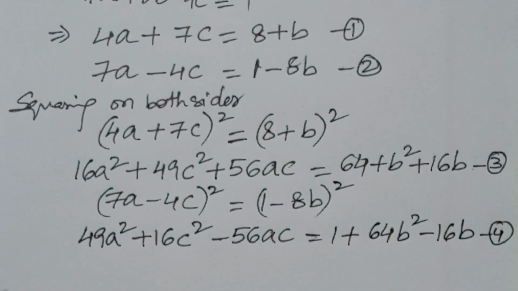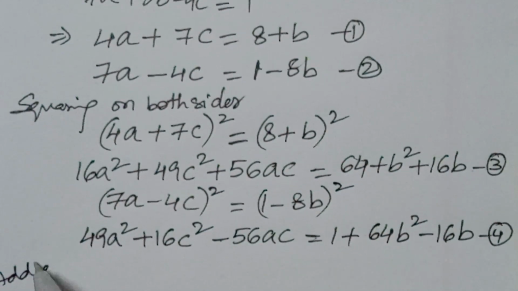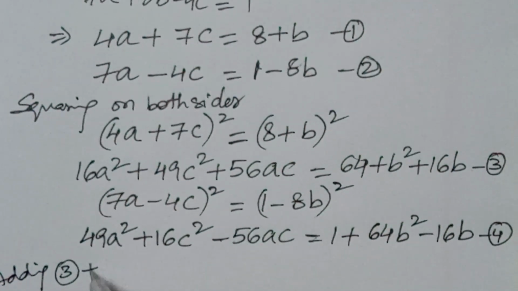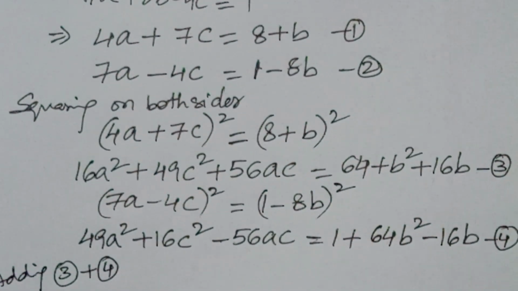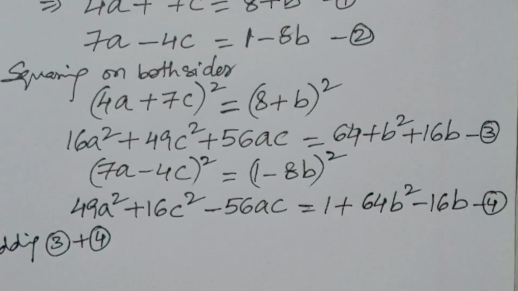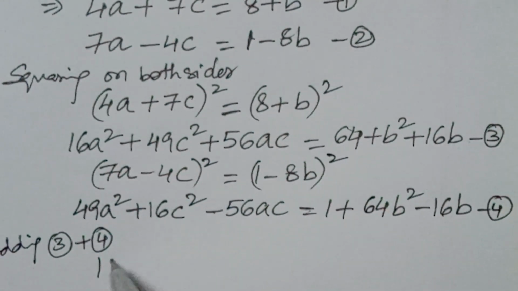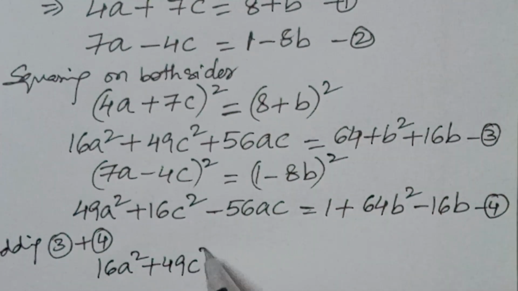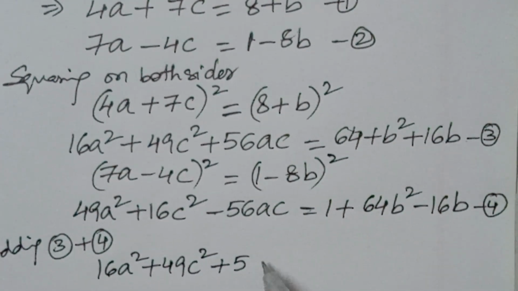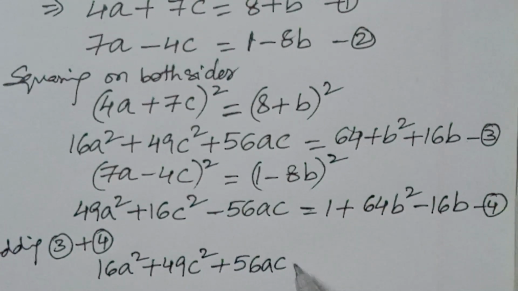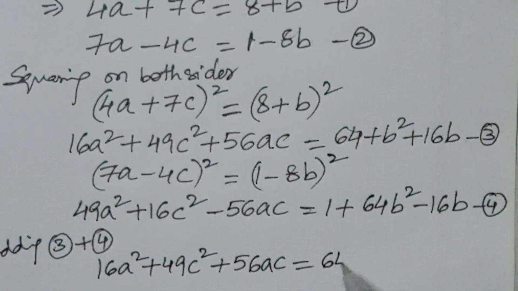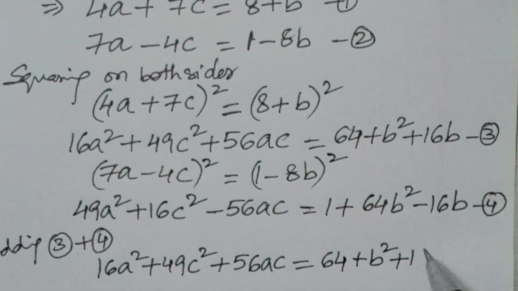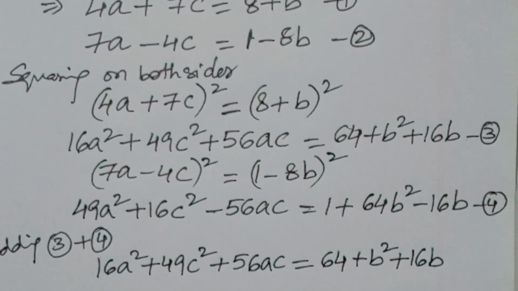Now adding 3 and 4. So what will we get if you add 3 and 4? First one: 16a square plus 49c square plus 56ac is equal to 64 plus b square plus 16b.